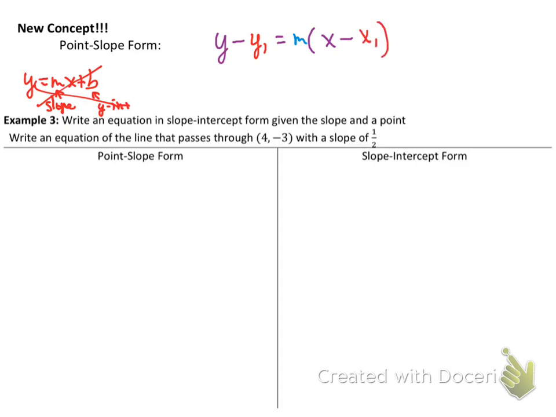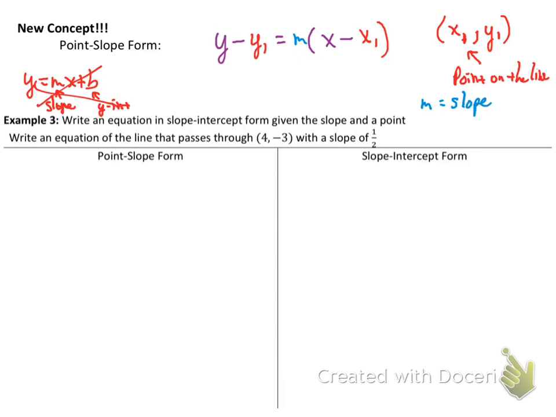And it's called point-slope form because we are given a point, (x1, y1). We're given a point on the line. So this is a point on the line, and we are given m, which is our slope.